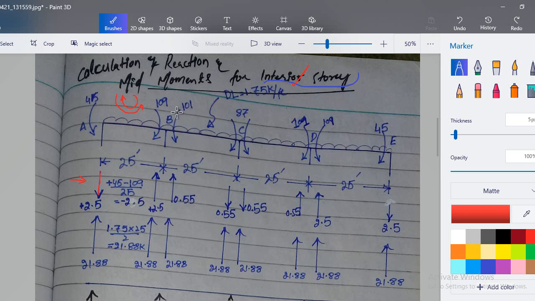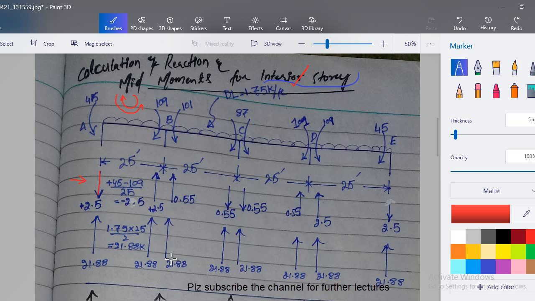And here you see this BC beam section, you can see it will rotate in an anti-clockwise direction, so we have to apply a clockwise moment. So that's why this reaction is in upward direction and this one is in downward direction. Clear?